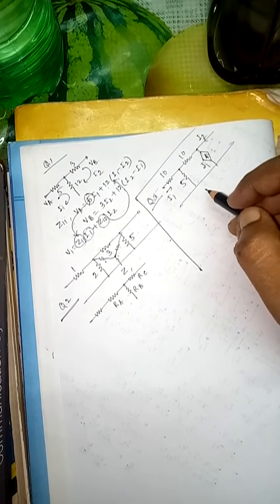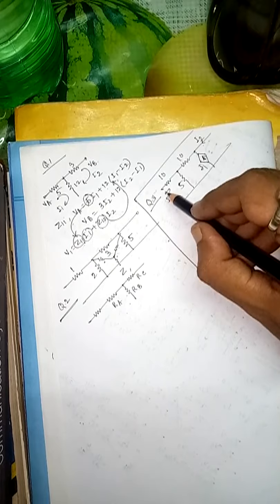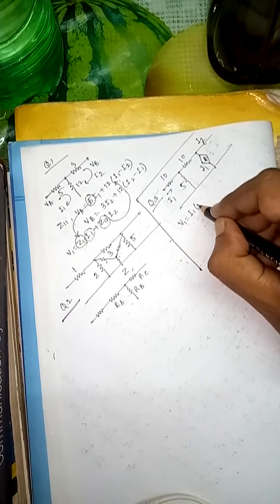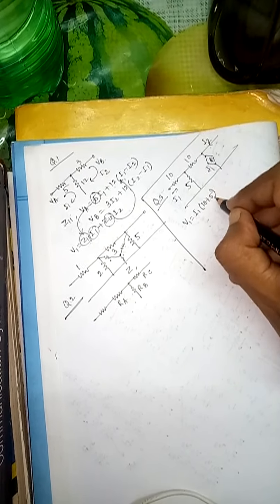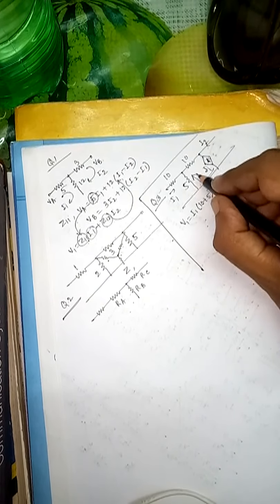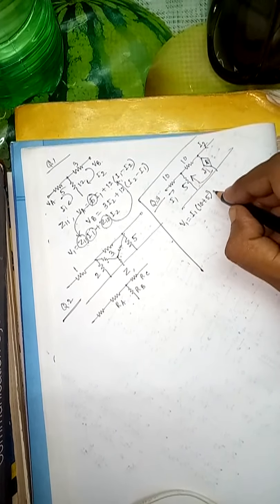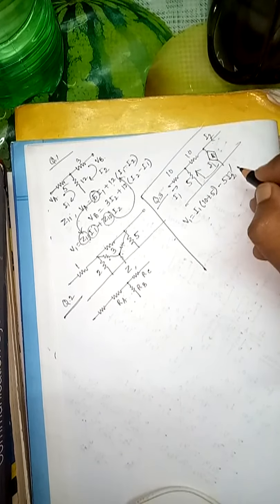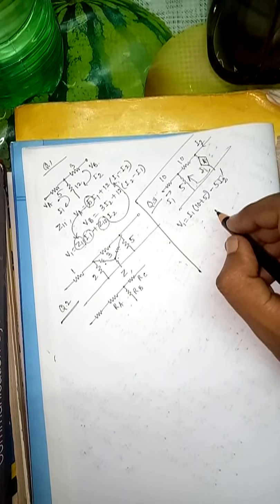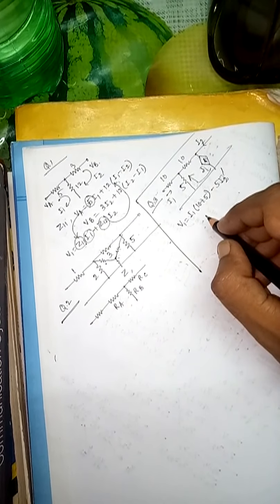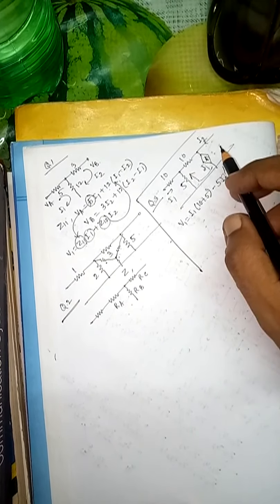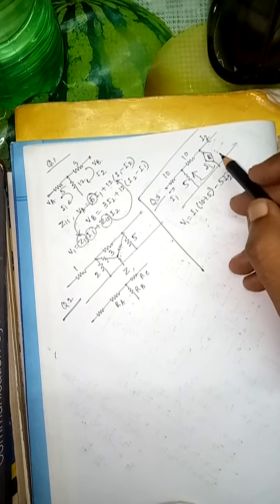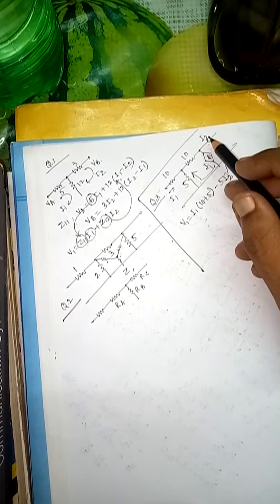How to do this? Say it is V1, so normally you can write that V1 equals I1 into 10 plus 5, and here it is another circuit current, so it is maybe 5 I2 dashed. Now when you are finding the Z parameter, this portion is open, so no I2 is there.